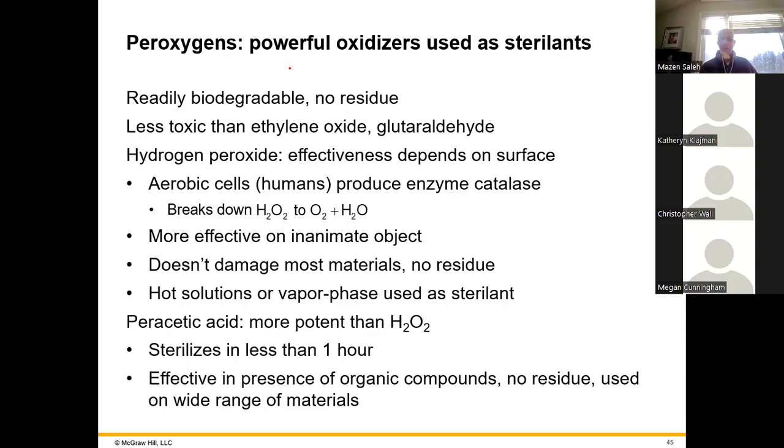Okay, aerobic cells produce enzymes that are capable of neutralizing hydrogen peroxide. So whether we're talking about aerobic microorganisms or our own cells that are aerobic, they can break down the peroxide with enzymes like catalase. There's superoxide dismutase as well in some microorganisms, and in fact this is one of the tests used to test quickly if a microorganism is aerobic.